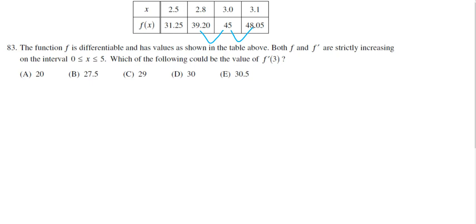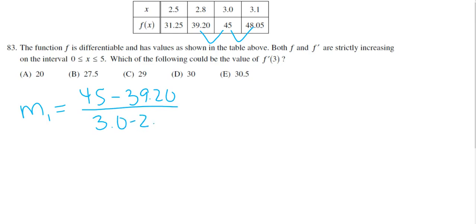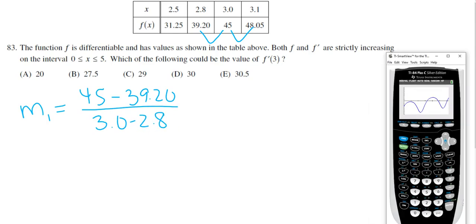Okay, and then I hope that just one of the options they give me is between those. All right, so for the first slope, I'll call it m1, I would have change in y, so 45 minus 39.2 all over change in x, so 3 minus 2.8. Let's make the calculator do that. All right, so I'm going to go off of y equals enter, and we will have 45 minus 39.2, and then in the denominator I'll have just 0.2, and that is 29.